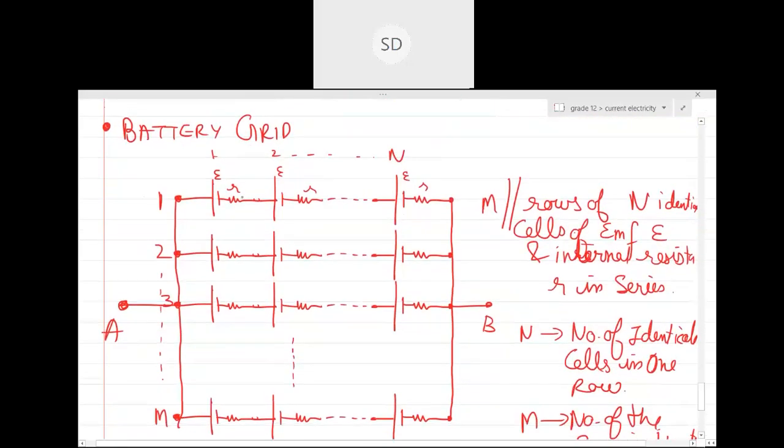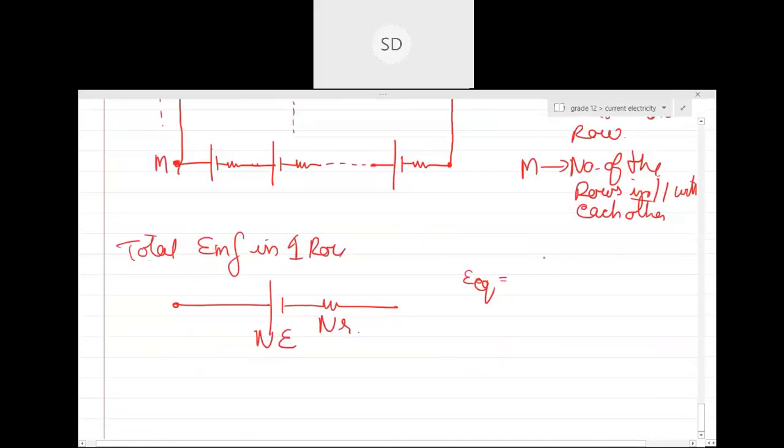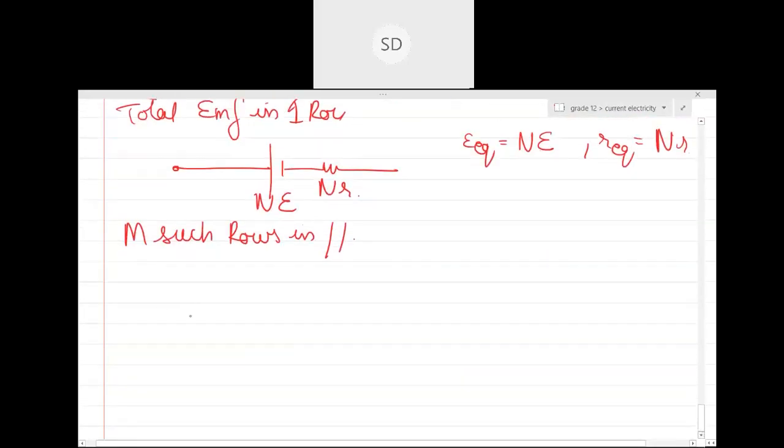So n times of E and n times of capital R. Yes or no? And R equivalent is n times of small r. So now m such rows are in parallel.